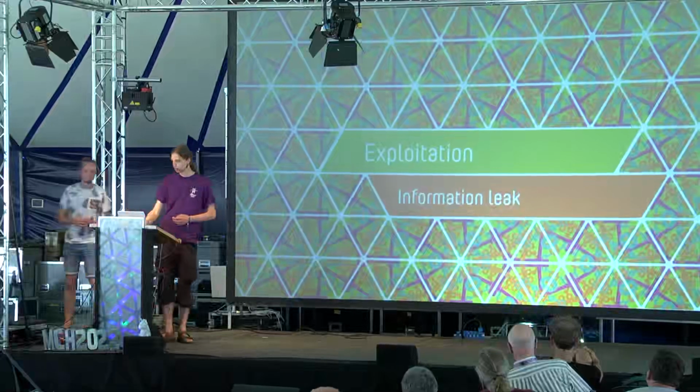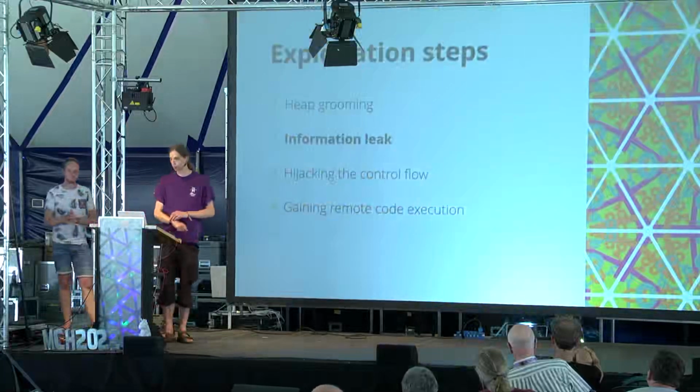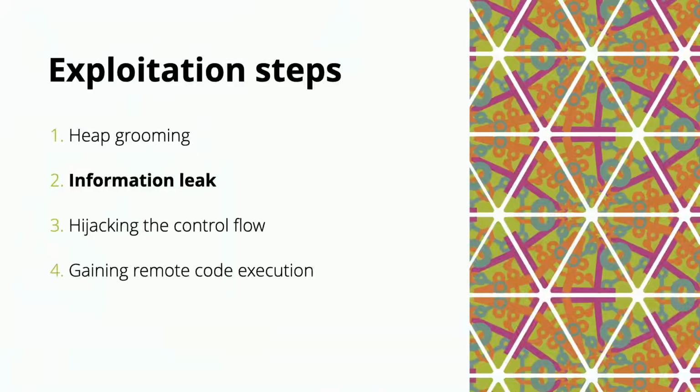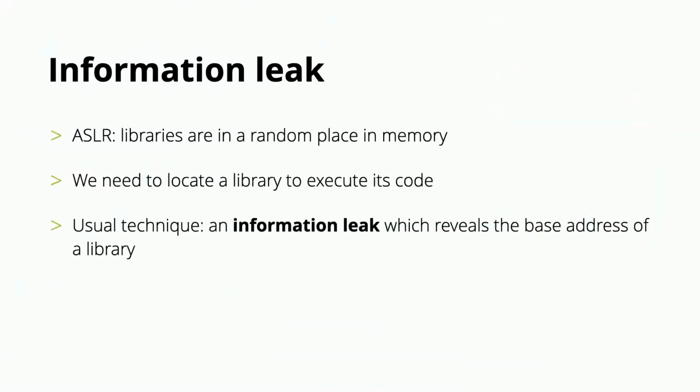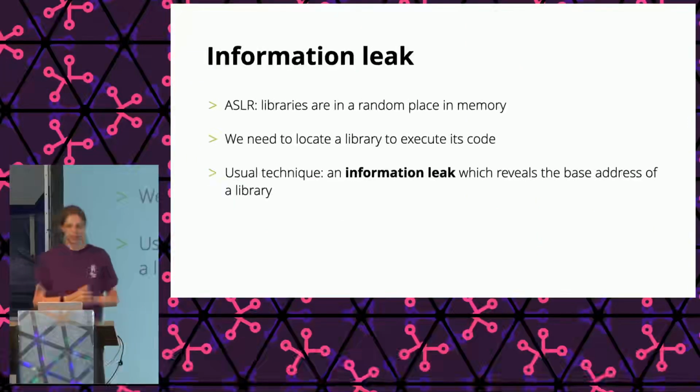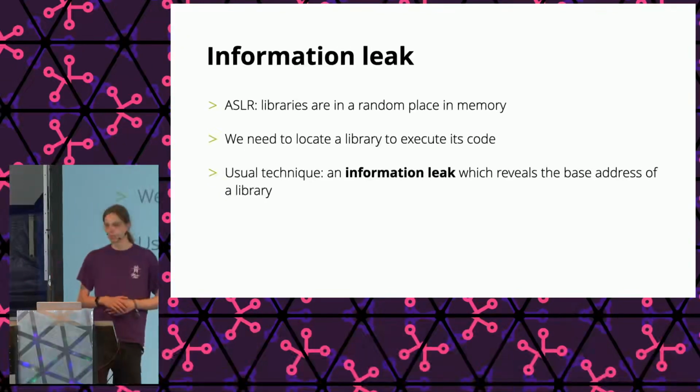Yes. So the next step for the exploit is the information leak. The reason why we need this is that there are all of these annoying protection mechanisms in operating systems nowadays, like ASLR, which stands for address space layout randomization. What it does is place everything in memory at random locations every time you launch the application.